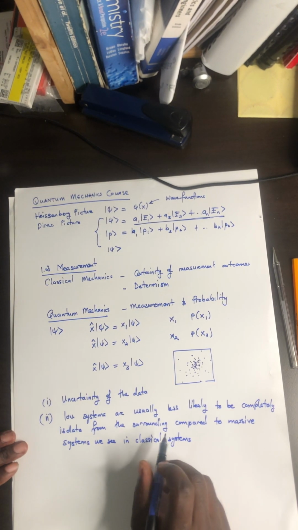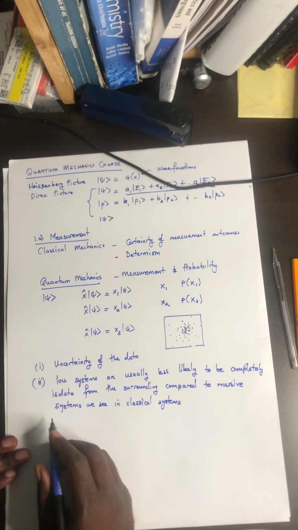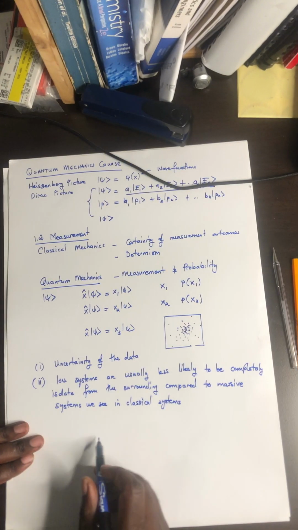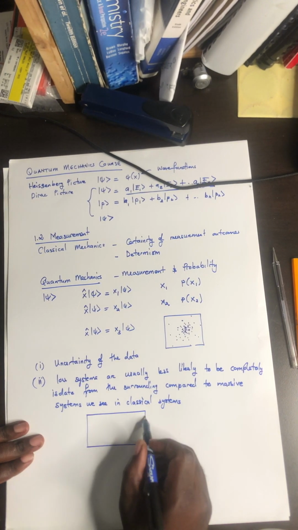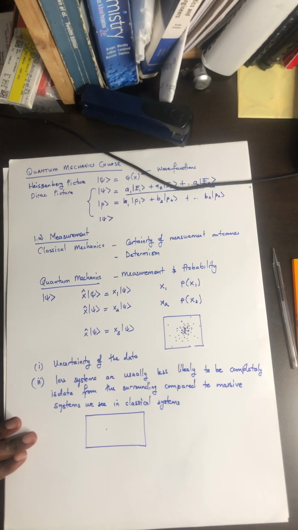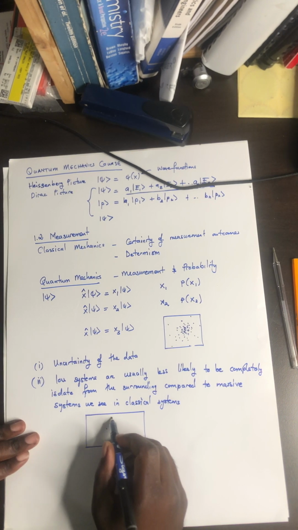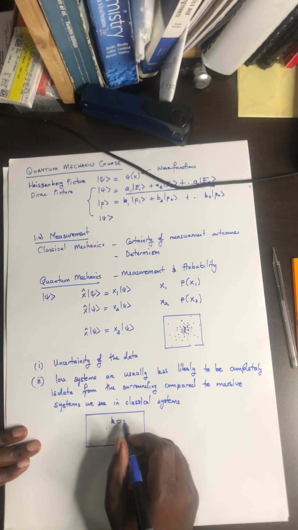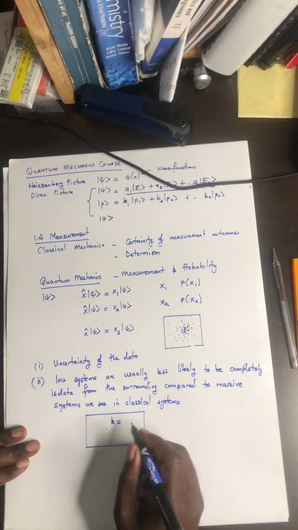Okay, let me give you an example of this. Suppose you would like to measure the position of an electron. So you have an electron in a quantum well, and this electron is traveling with a momentum p, or let's call it k, which is the momentum.